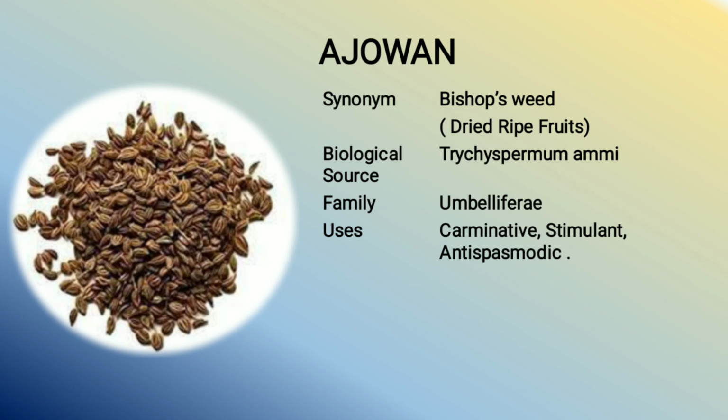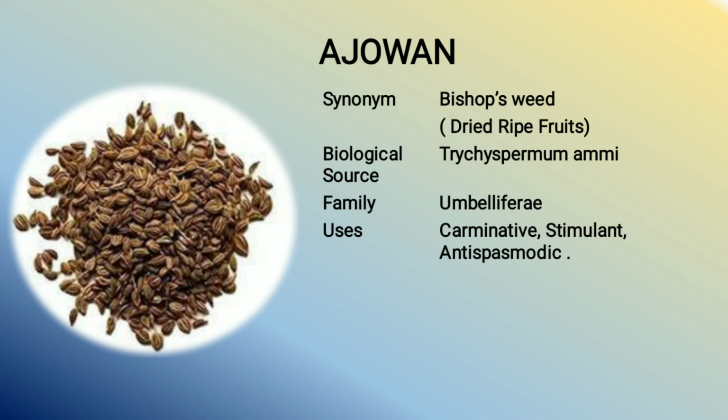Now talking about its biological source, as such ajowan consists of dried ripe fruits of the plant known as Trachyspermum ammi, and it belongs to family Umbelliferae. It is used for the purpose of carminative, stimulant, as well as antispasmodic.